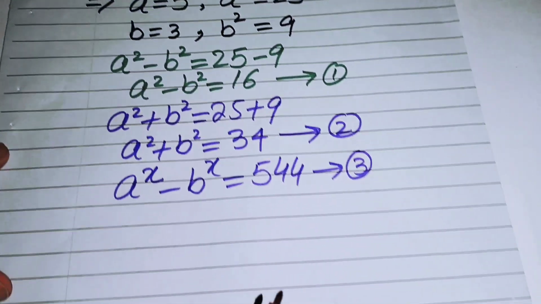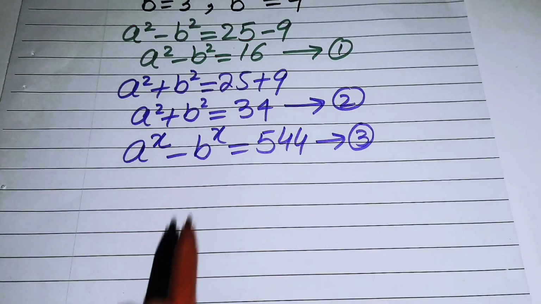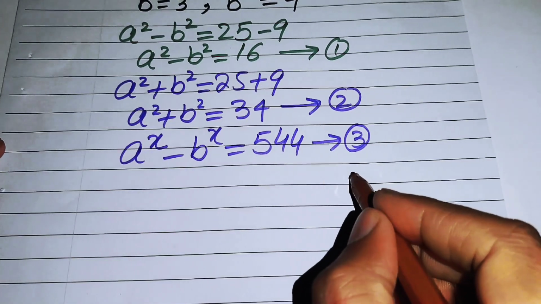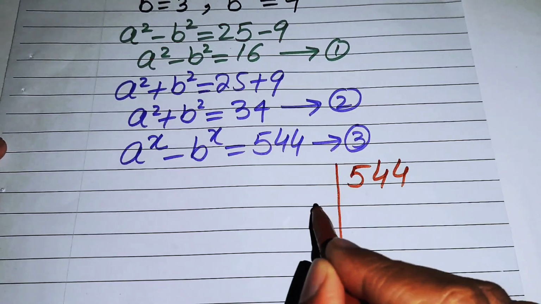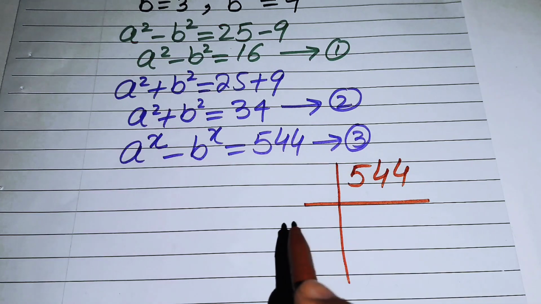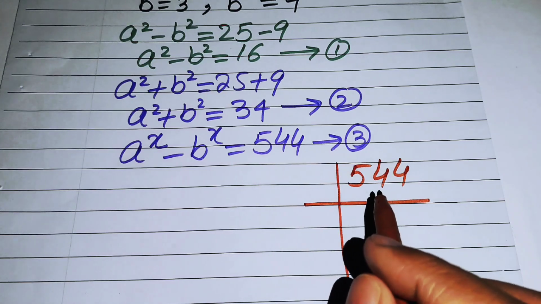Now in the next step we focus on equation number 3. On the right hand side we have 544, and we can find the prime factors of this number.